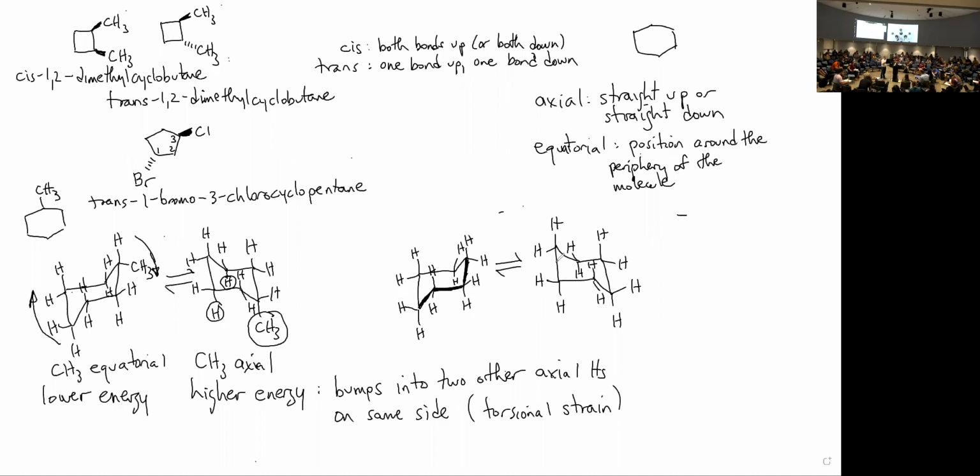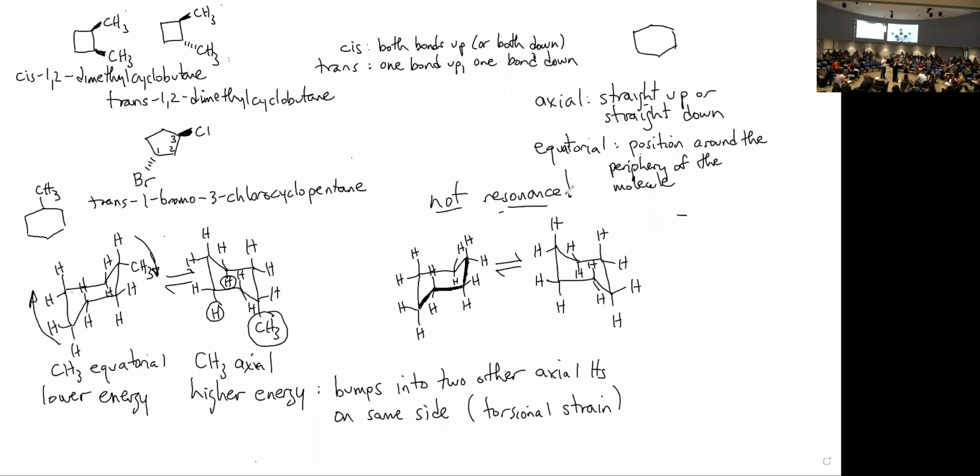Just be aware that it's a conformationally mobile molecule. Certainly, even when it's unsubstituted, you have these two equivalent energy chair forms that are rapidly interconverting. Again, not resonance. This is not a resonance situation. This actually is two species interconverting.